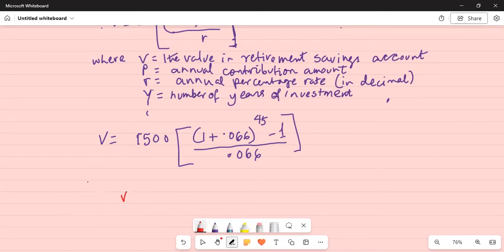Value is 1500 multiplied by 1.066 raised to the power of 45, minus 1, divided by 0.066.